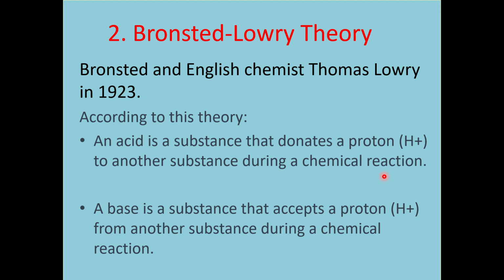When you carry out a reaction, if any substance donates its proton to another substance, then it is an acid, while a base is a substance that accepts a proton. So, opposite to that, a base is a substance which will accept a proton during a reaction.